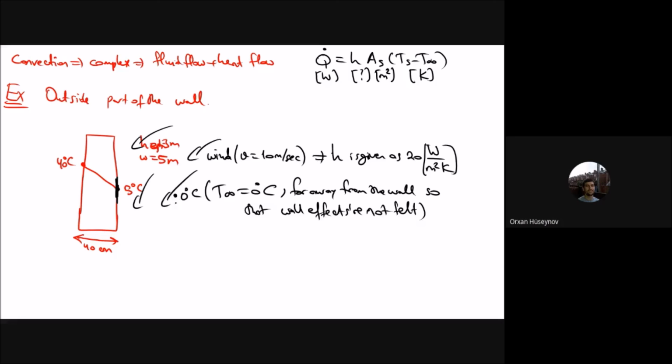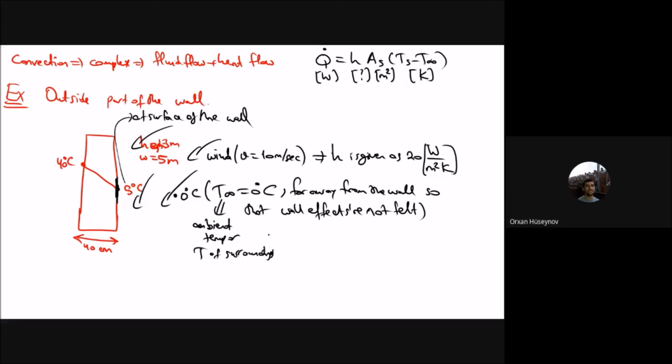It is also called the ambient temperature, or the temperature of surroundings. The surroundings temperature is 0 degrees Celsius, but the temperature at the surface of the wall is 5 degrees Celsius.